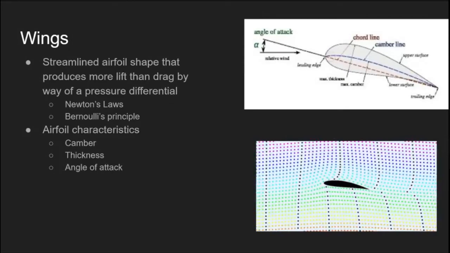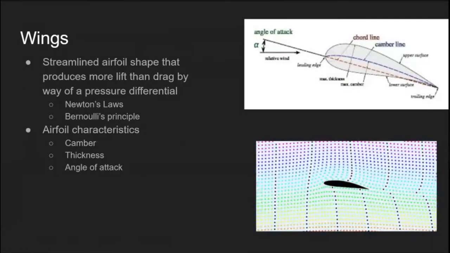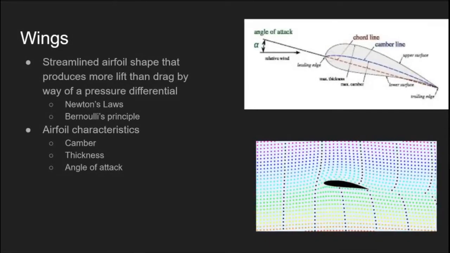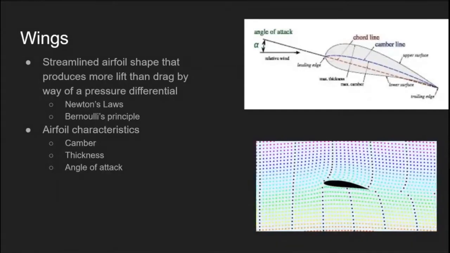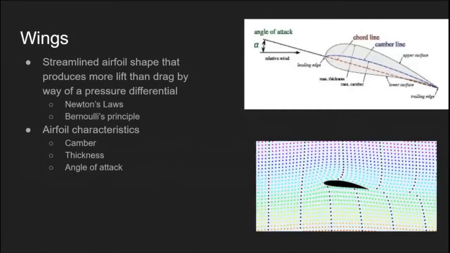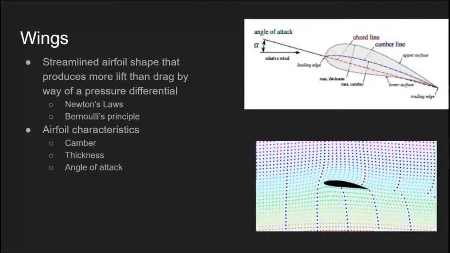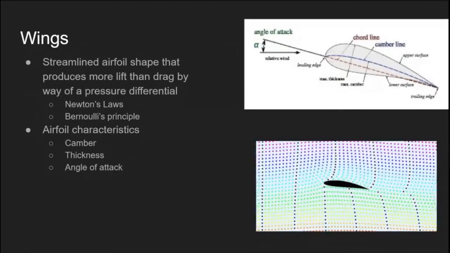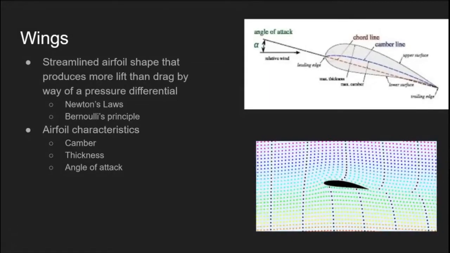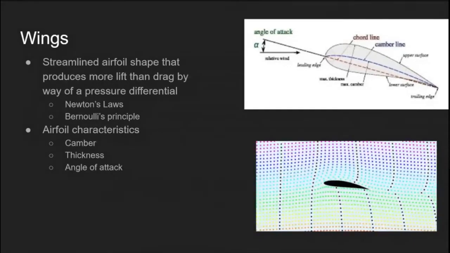So how is lift produced? This is kind of a tricky thing because there are a lot of different explanations out there, but the two biggest things that influence how lift is produced over an airfoil are Newton's laws and Bernoulli's principle.